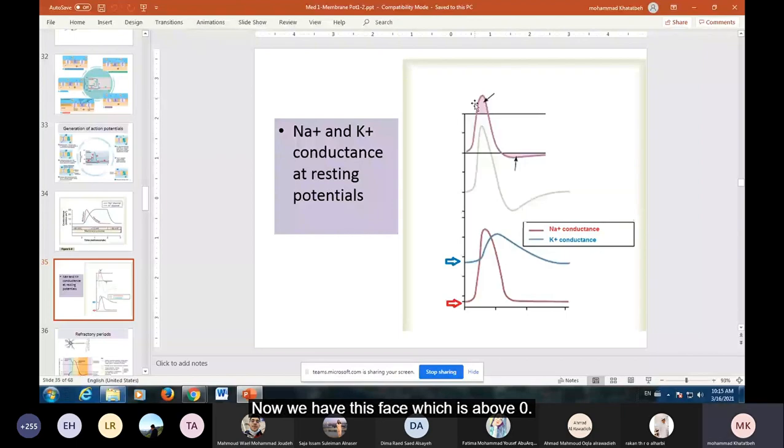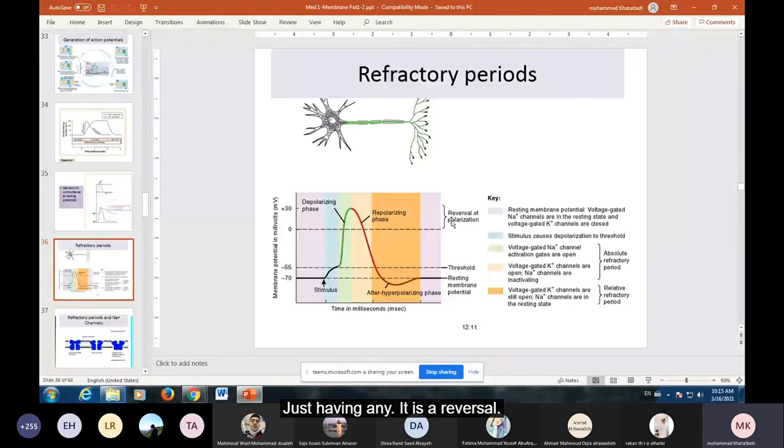millivolts. Now we have this phase, which is above zero. That phase has a name: it is a reversal of polarization phase, the overshoot.